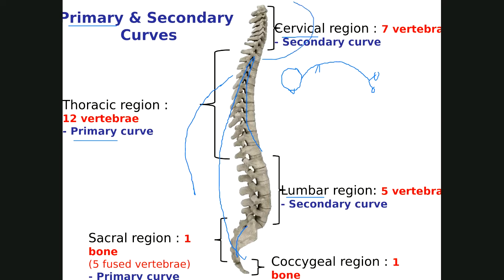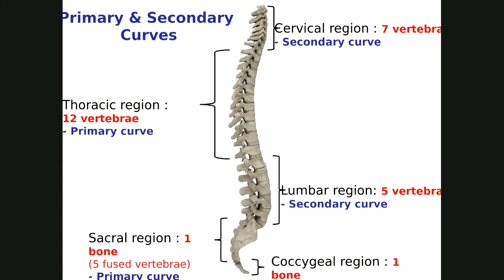They're two opposite directions. Then when the baby starts to stand, that's when it develops the lumbar secondary curve.